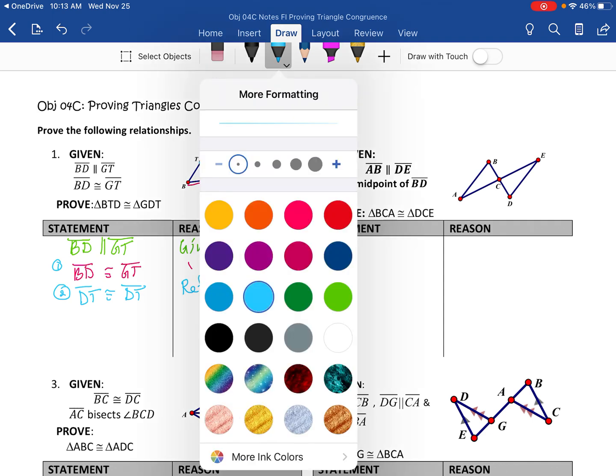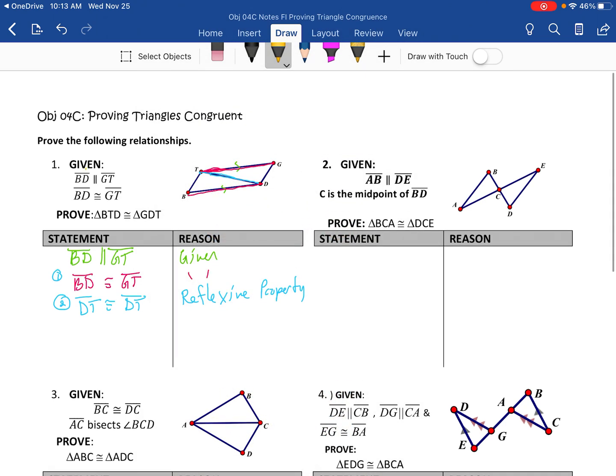But we have this piece of information that we haven't used yet. We're given that BD is parallel to GT, okay? And so we're going back to Unit 2 with parallel lines. So if I know that these 2 lines are parallel, then I know this angle here must be congruent to this angle here.